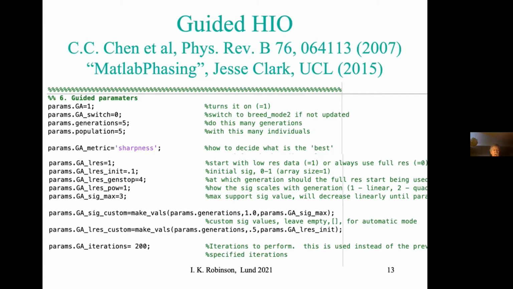You then take the support from that best solution and restart with a new generation of new random numbers with that new support, and then you run that through for 5 generations, and then you end up with a best solution.